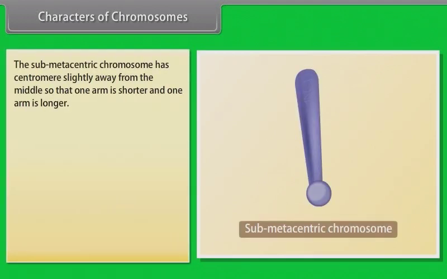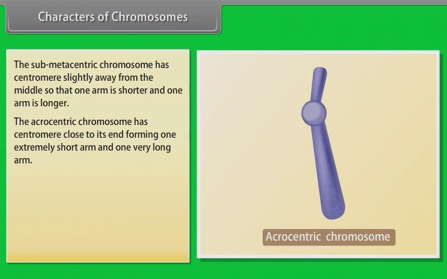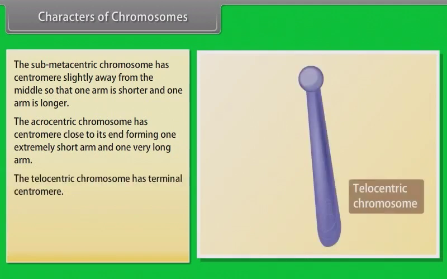The submetacentric chromosome has centromere slightly away from the middle so that one arm is shorter and one arm is longer. The acrocentric chromosome has centromere close to its end, forming one extremely short arm and one very long arm. The telocentric chromosome has terminal centromere.